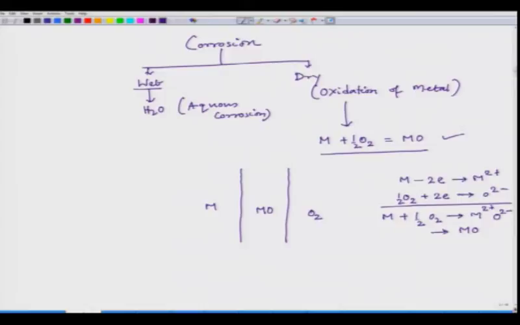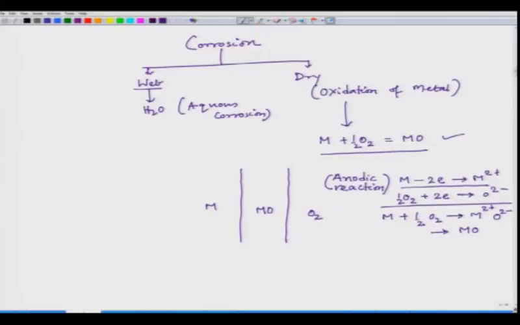Now, interesting, let us look at this carefully. What is this reaction? This reaction is nothing but the anodic reaction, because the metal atom is leaving 2 electrons, so oxidation is taking place.